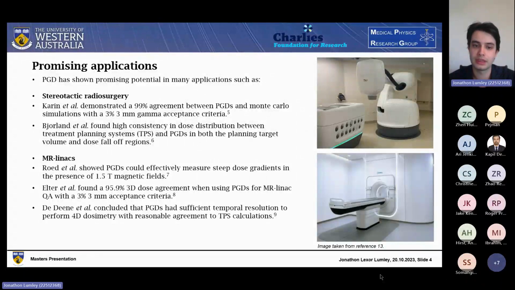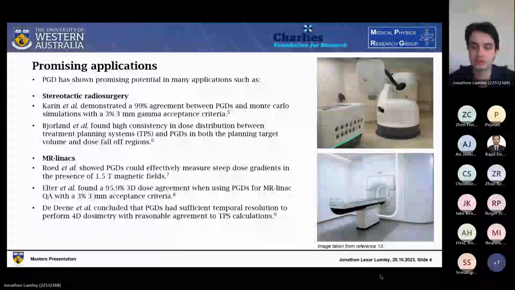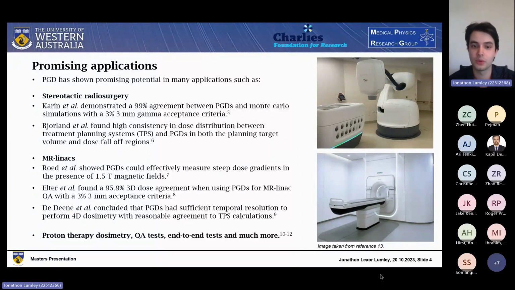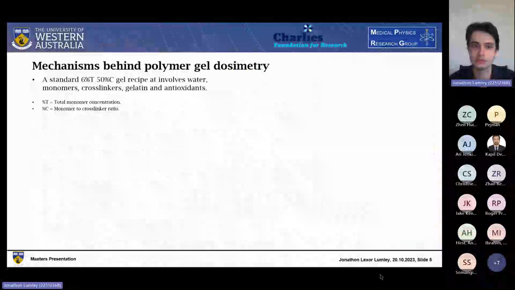A study by Rod has shown that the gels can effectively measure steep dose gradients in the presence of strong magnetic fields. And what I find really interesting is Didine has shown that the gels actually have sufficient temporal resolution as well to perform real-time 3D dosimetry. Along with these applications, there are many more, such as proton therapy, QA tests, NTN testing, and a lot more.